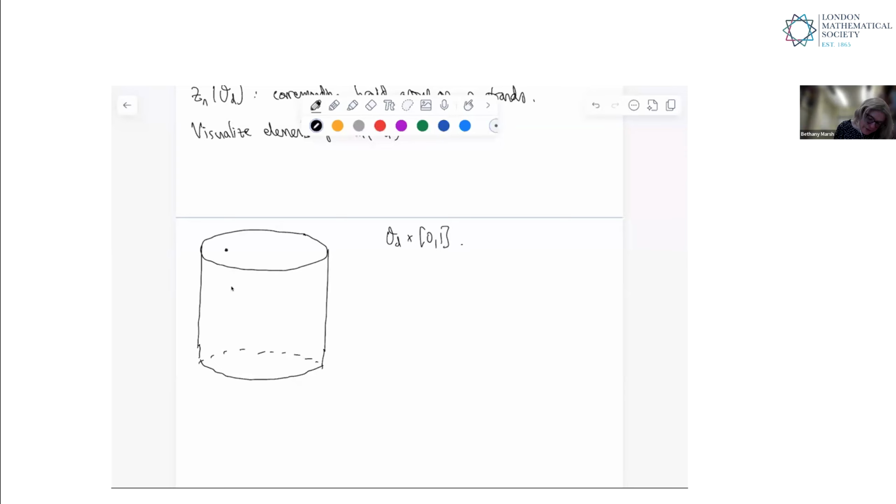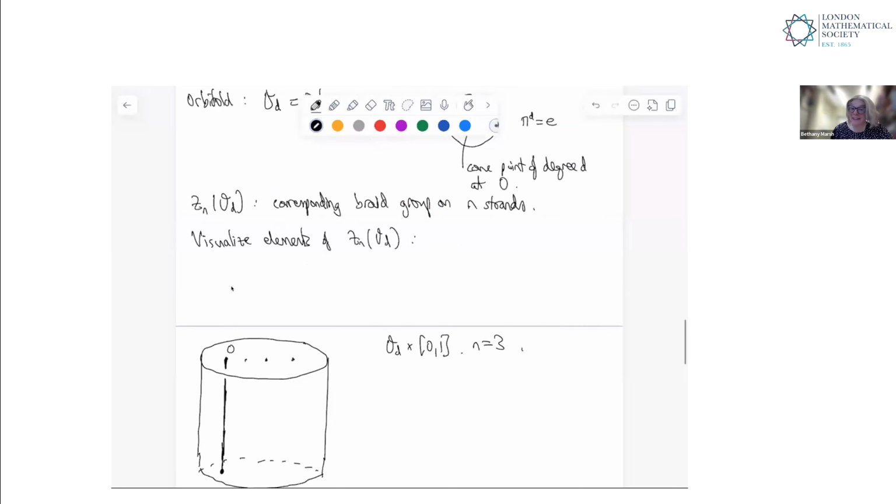It will have this special point 0, which for convenience I will move over to the left a bit because it will be in the middle. That point 0, we will have 0, a point at every level. And let's suppose we had n is 3, so we've got 3 points, 3 strands in the braid.